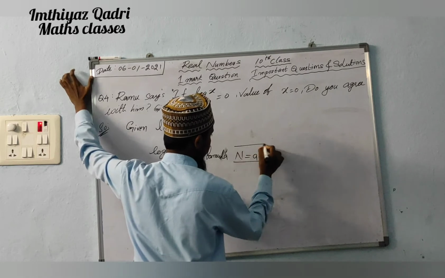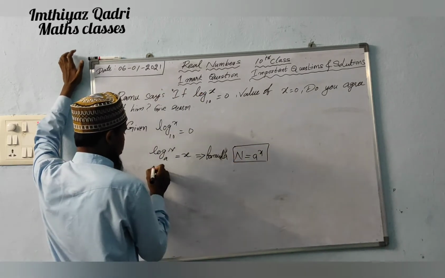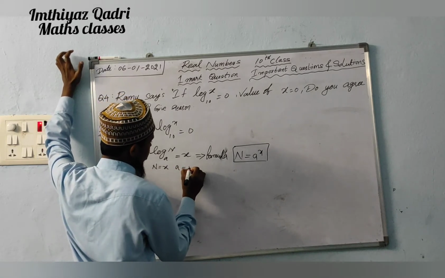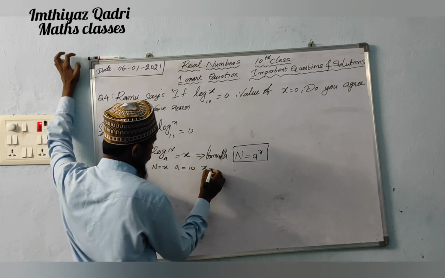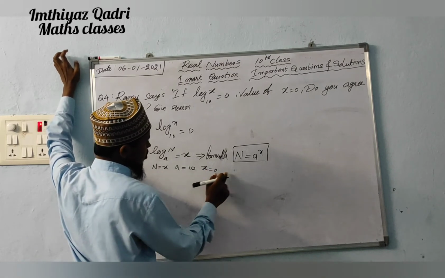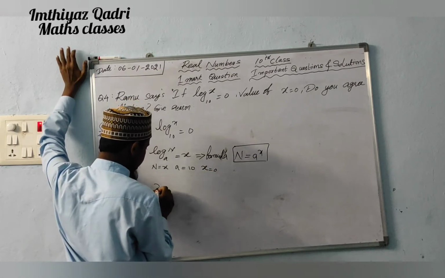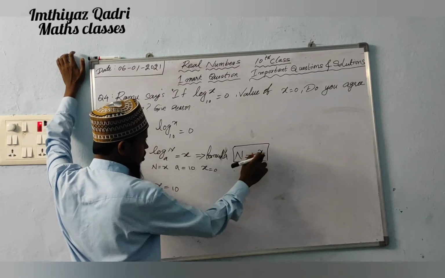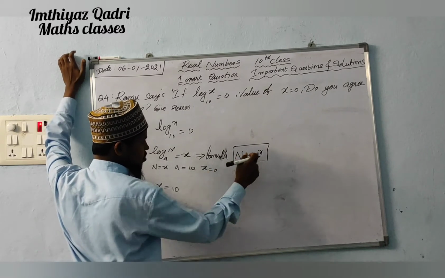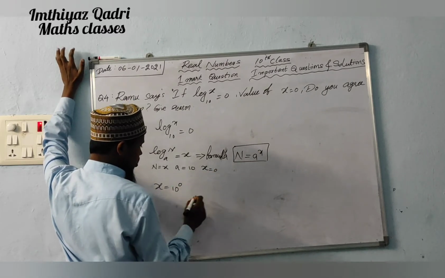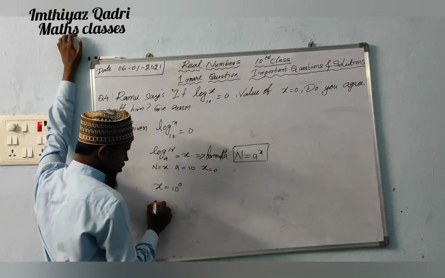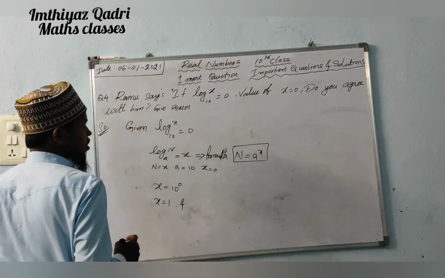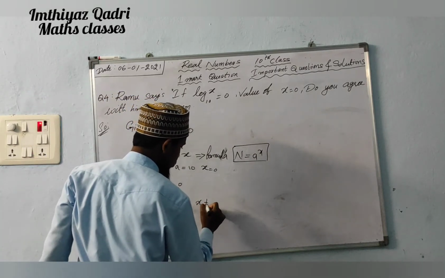This is the formula. Here n is equals to x, a is equals to 10, x is equals to 0. These all are values substituted in this formula. In place of n, x; a 10; power in place of x is 0. x is 10 power 0, which is 1. x is equals to 1, and x is not equals to 0.